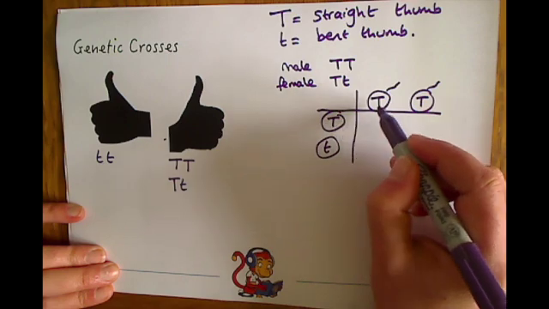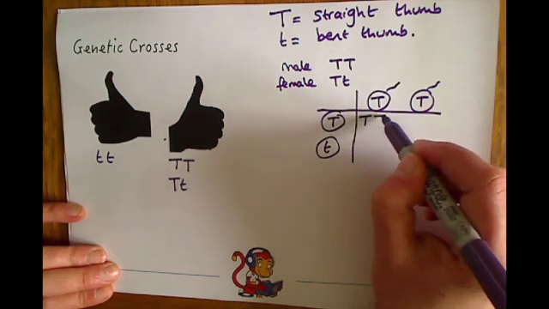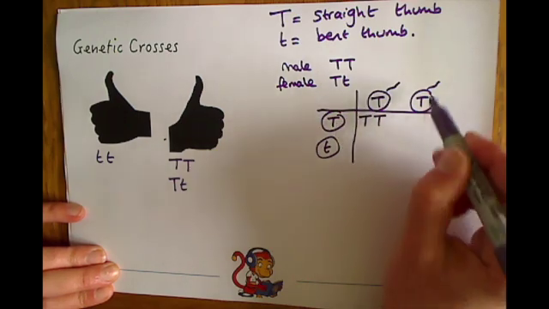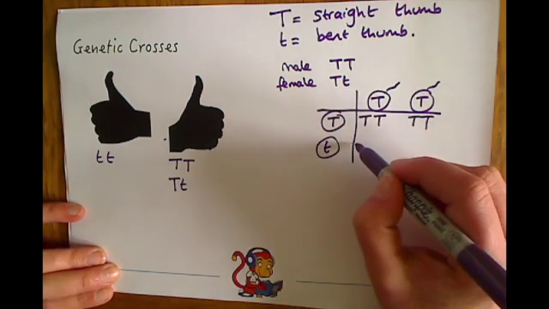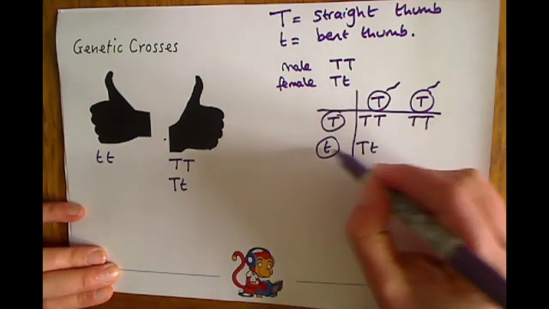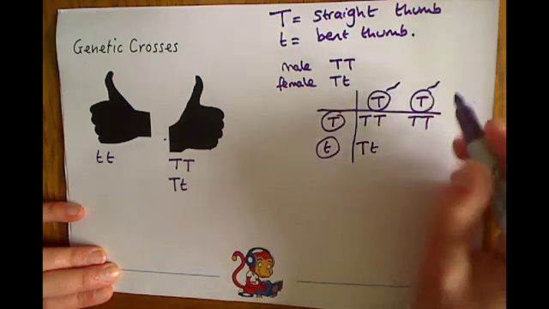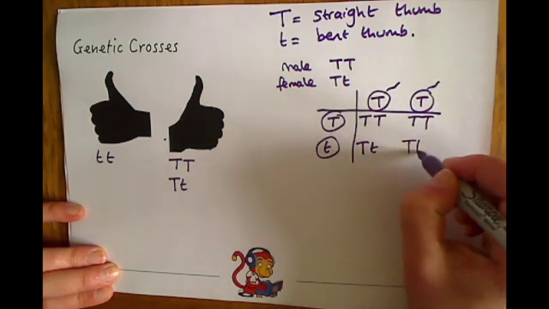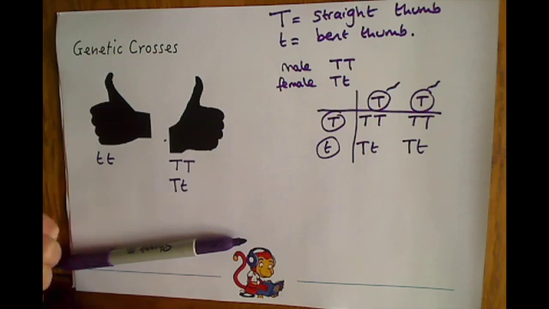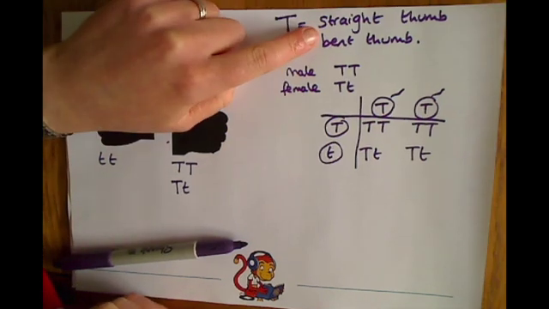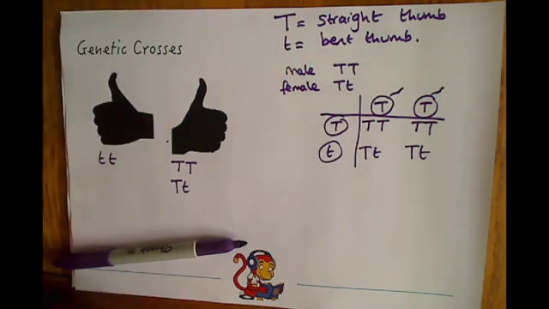So if these two fertilise, you'd have two capital T's. If these two fertilise, you'd have two capital T's. Down here you'd have a big T and a lowercase t, and over here a big T and a lowercase t. So from before, we have to have a look and see whether the characteristic for a straight thumb or a bent thumb is going to be expressed.